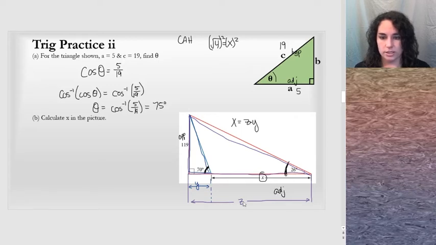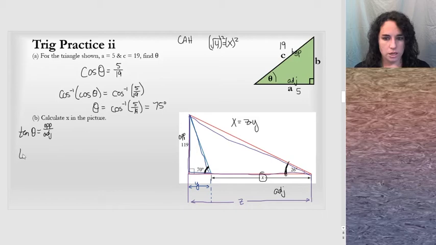Z is the adjacent leg, and Y is the adjacent leg. So opposite and adjacent suggests tangent, right? So TOA. Tangent of theta equals the opposite over the adjacent. So it seems like we're going to have to do this twice. We're going to do it once with the larger triangle with the 26-degree angle, and again with the smaller triangle with the 70-degree angle.